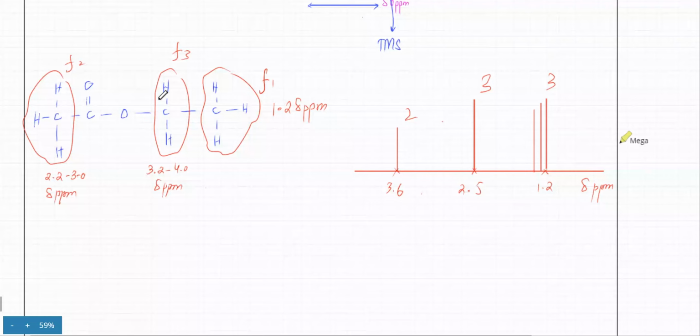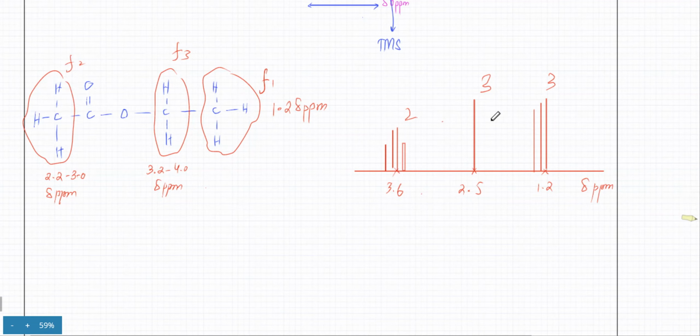And this one would be a quadruplet peak because next door there are three hydrogens. And this one would be a singlet because there are no hydrogens next door.